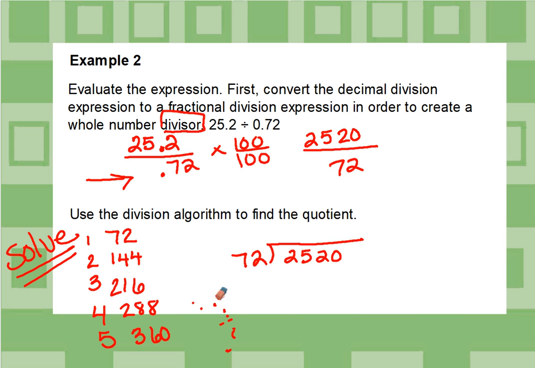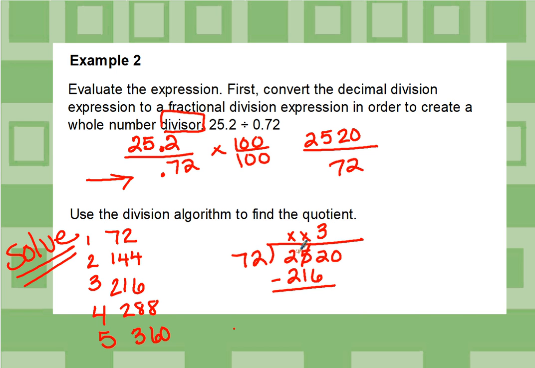Now remember, this method over here with our nice little chart is what we learned yesterday. It's to help us work quickly through this division. 72 can't go into 2, and it can't go into 25, but it can go into 252. Looking over here, 288 is too big, so it's got to be this one, which is 3 times, which is 216.